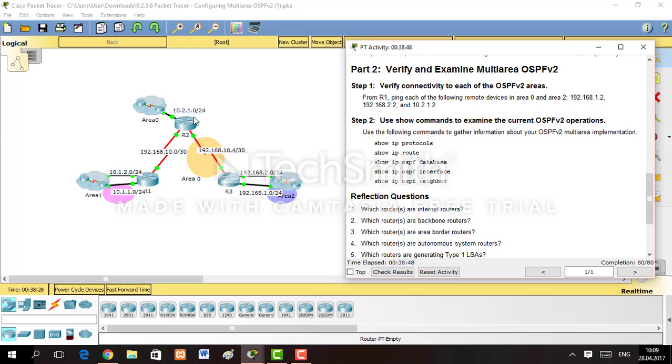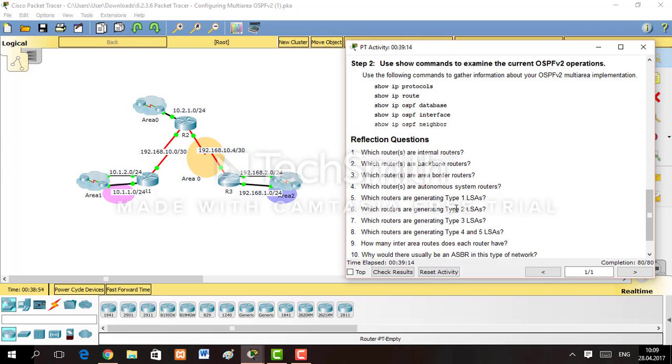Backbone router is router 2 because it is in area 0, only in area 0. Which routers are area border routers? Router 1 and router 3 are area border routers because they are located on the border of area 0 and area 2.